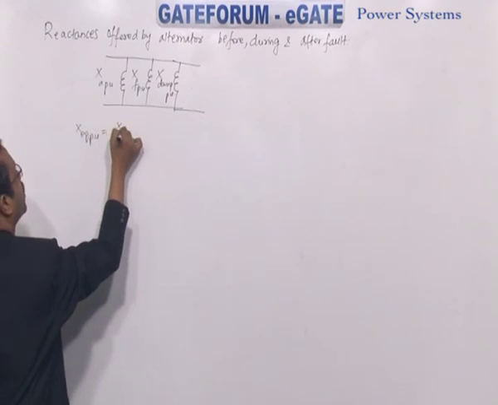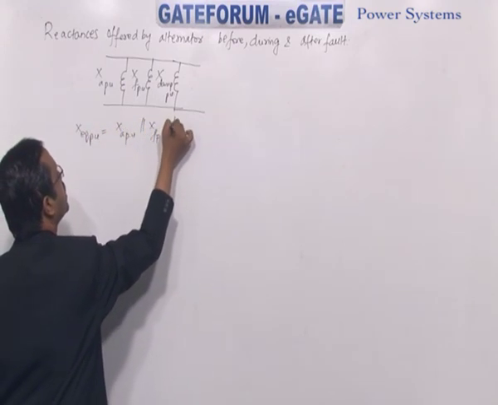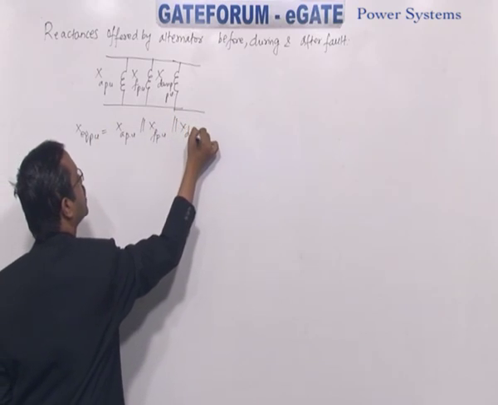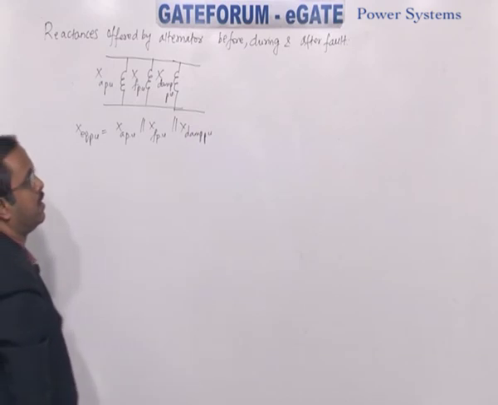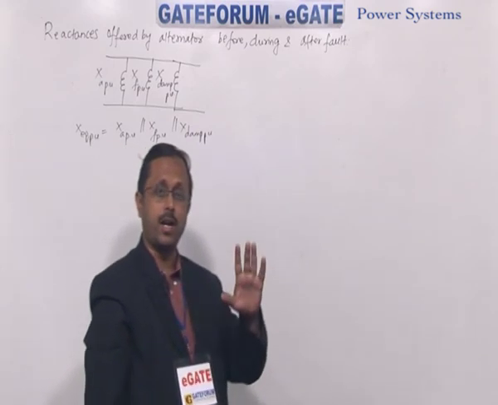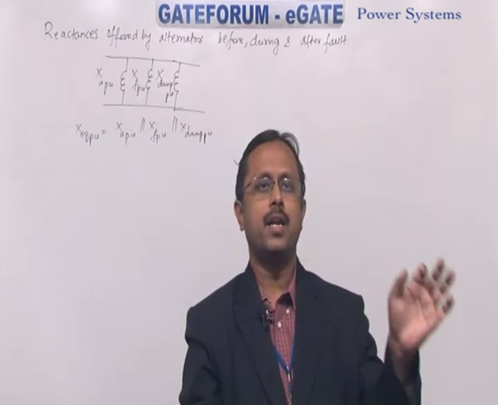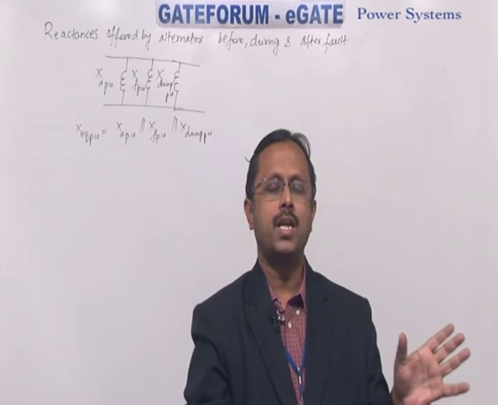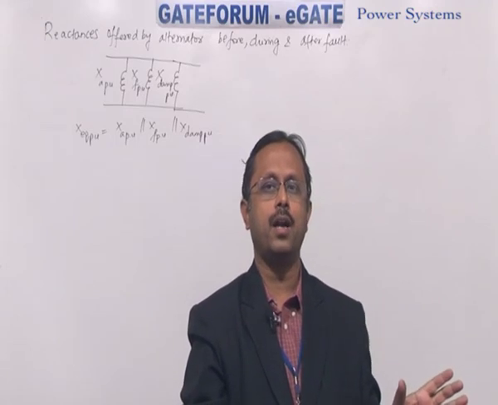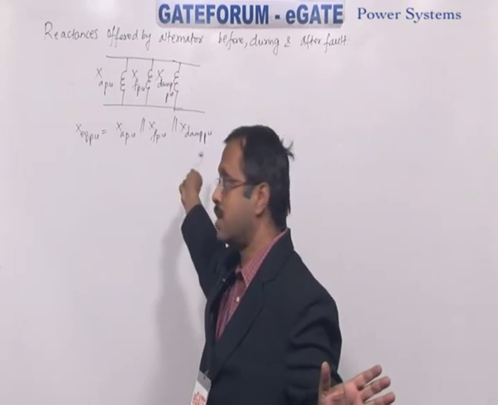The parallel combination of all these three, XA, XF, XDamp. And now you say that a fault has occurred. Immediately after occurrence of fault, what is the reactance offered by the alternator? The parallel combination of all these three.